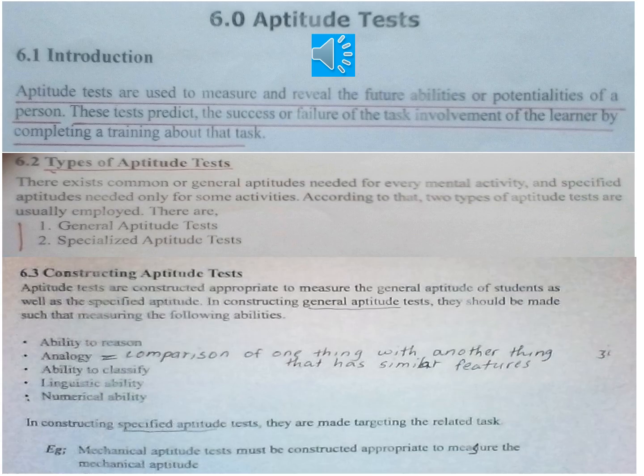Aptitude, Abhyogata Pariksha. Now, according to this note also, it says aptitude tests are used to measure and reveal the future abilities or potentialities of a person. These tests predict the success or failure of the task involvement of the learner by completing a training about that task.